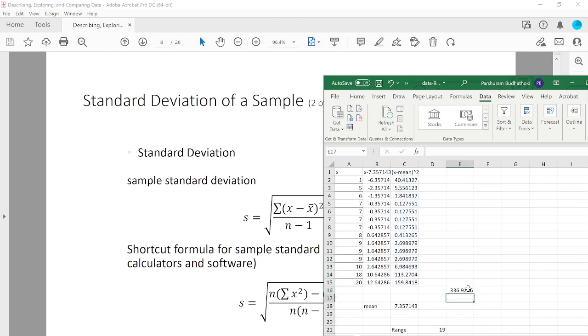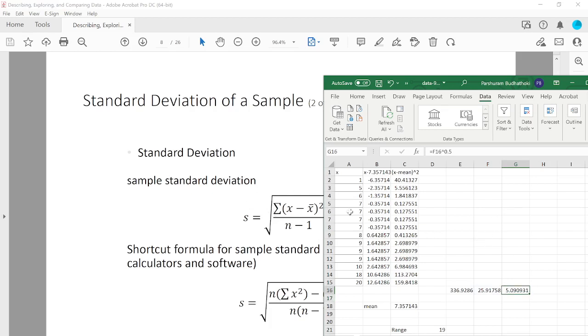So that's the sum, this is the upper part. For finding the standard deviation, we need to divide this number by n-1. In this case, n is 14, so n-1 is 13. And eventually we need to find the square root of this number. Square root means power 0.5. So that is my standard deviation using this formula.